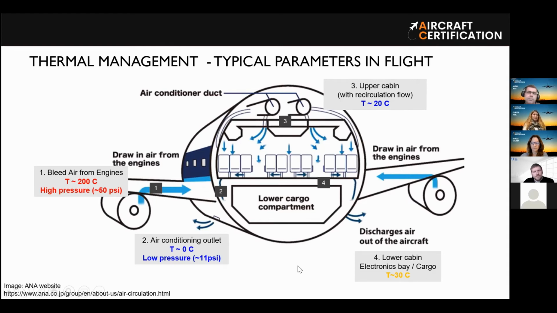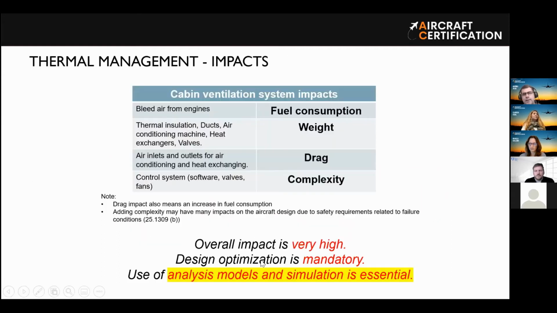But I think the important message here is that you understand that a system like that is not free. It's not free of cost. It's not free of impact to the aircraft. A system like that will cause a lot of impacts to the aircraft.